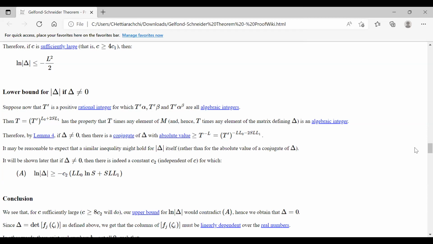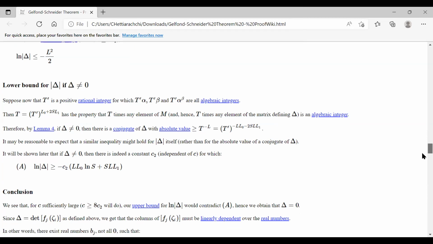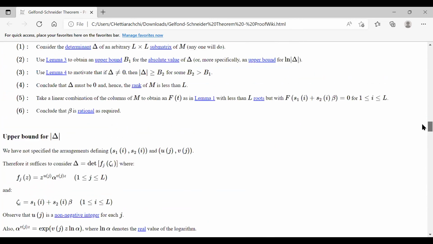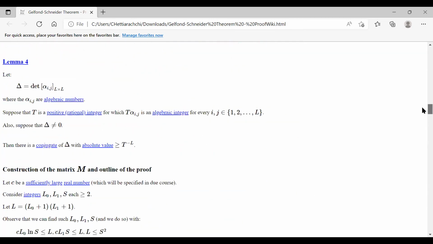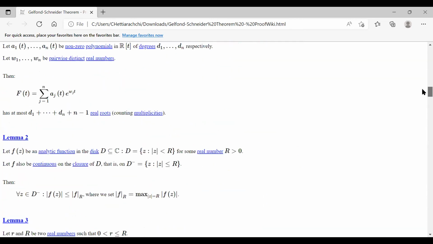So now we can apply lemma 4. Let me go back to lemma 4. This is what lemma 4 is all about.